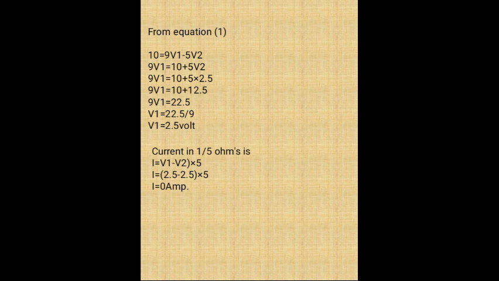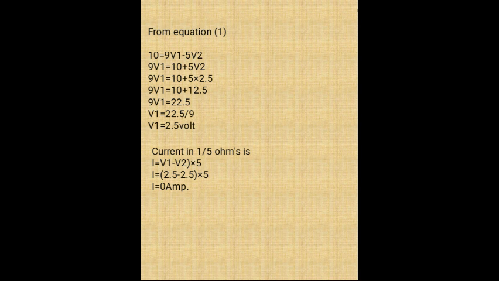Now from equation 1, 10 = 9V1 − 5V2, or 9V1 = 10 + 5V2. Now we put the value of V2 in this equation. So 9V1 = 10 + 5 × 2.5.